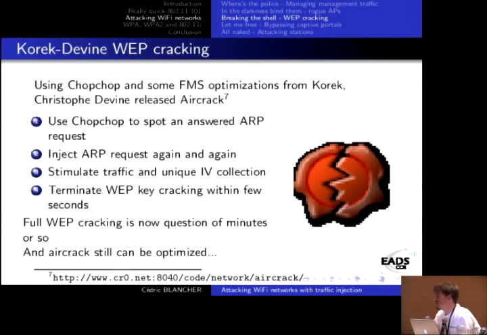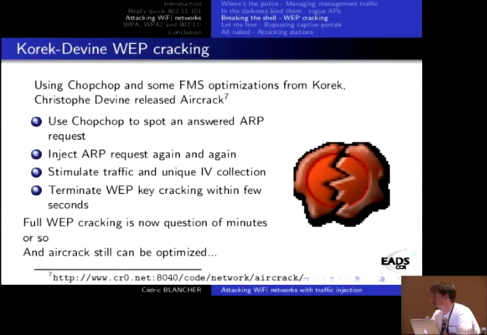And this attack is used by a software called REcon. REcon is quite a famous tool. REcon is a WEP cracking tool. It's the most efficient published for now. Basically, it will use a chop-chop attack to try to find an ARP request that has been answered.